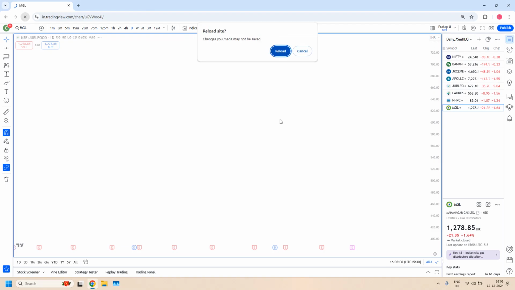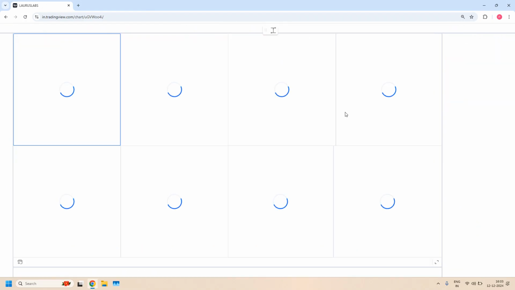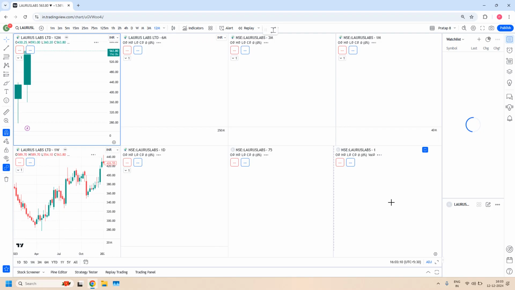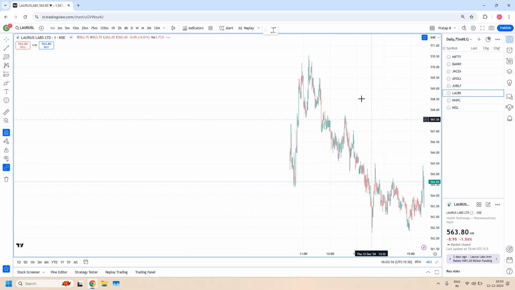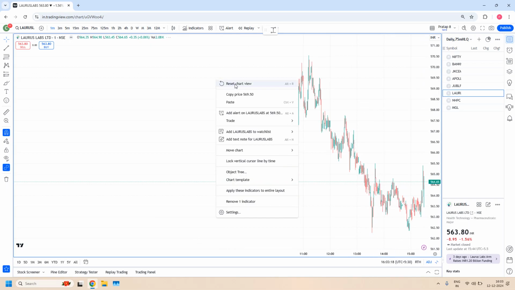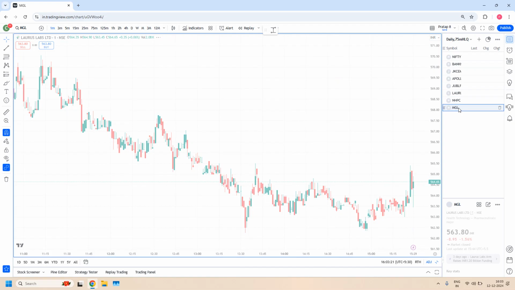Let me refresh this again. Anyway, MGL also did not get a trade, and moreover, I think MGL also previously I explained how I fine-tuned this zone. Please refer to the previous videos of MGL.